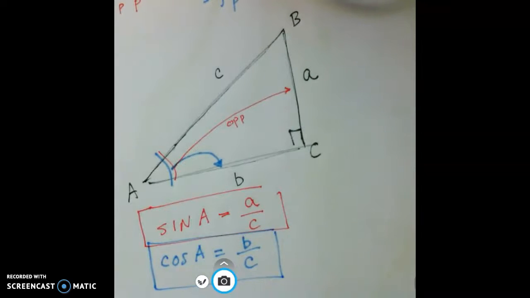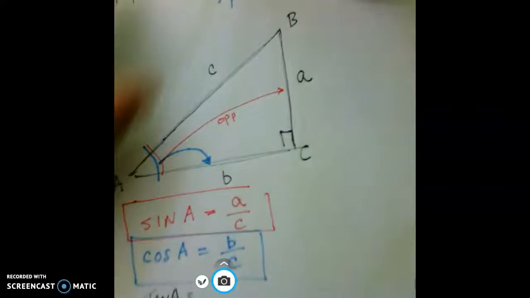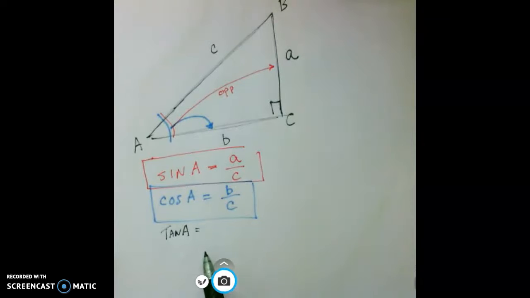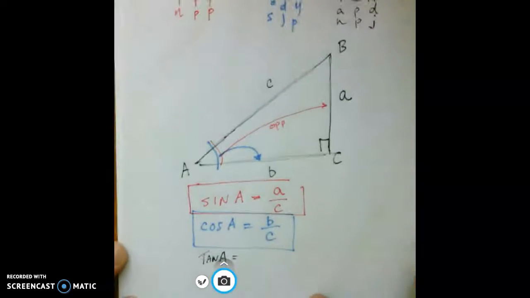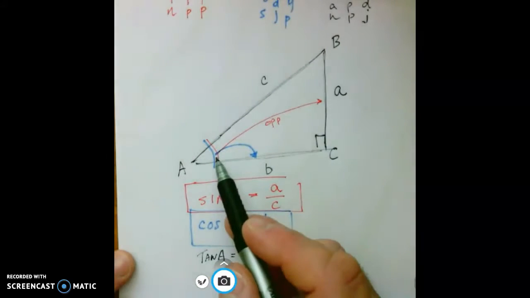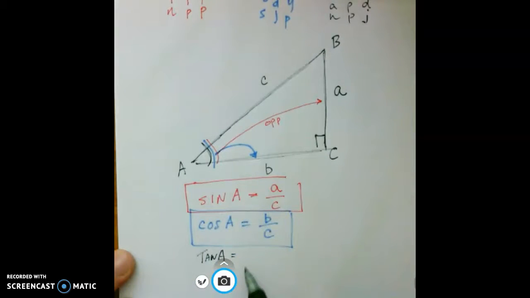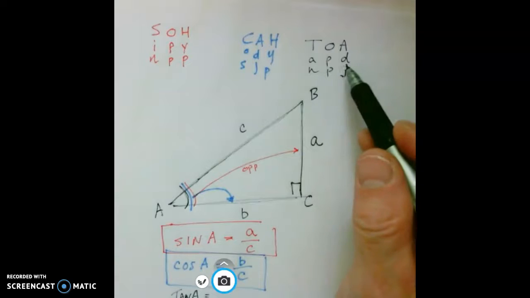And the last thing we're going to look at here is the tangent of that same A. Now it doesn't matter if we're dealing with A or B or C or theta or anything else. All right, it's all the same general process. Tangent of A is equal to the opposite side divided by the adjacent side.